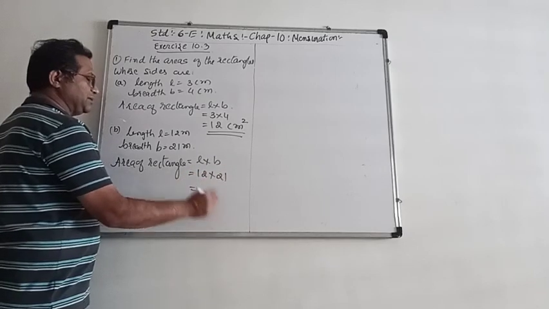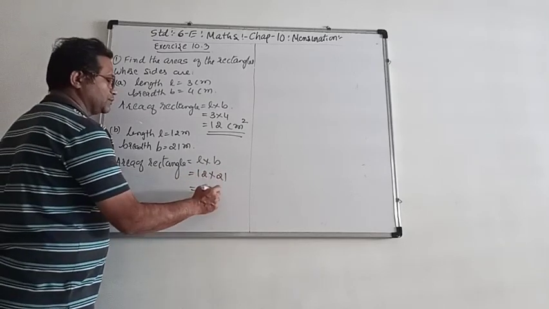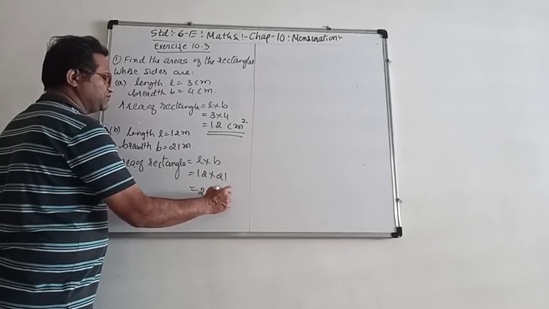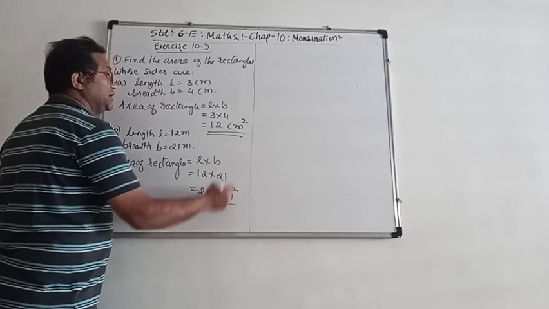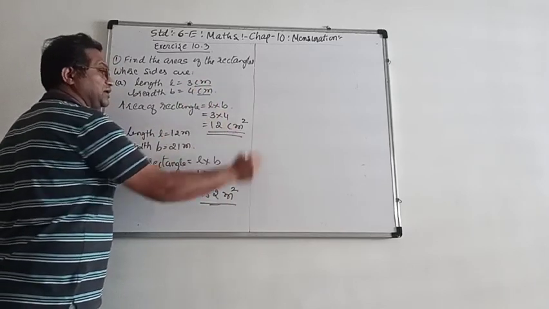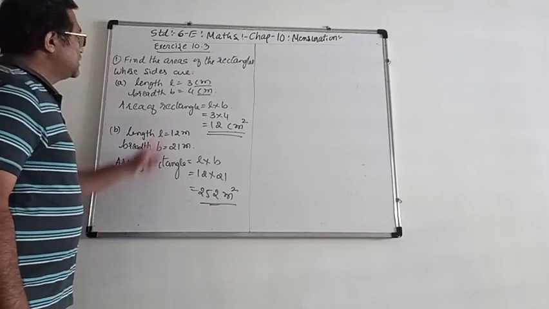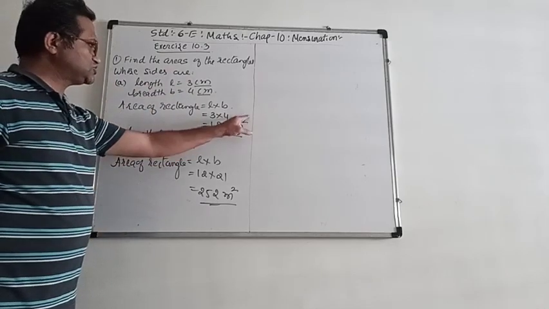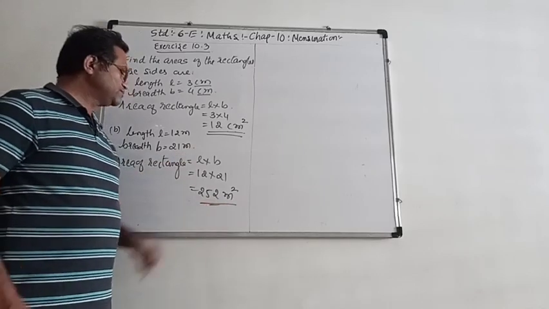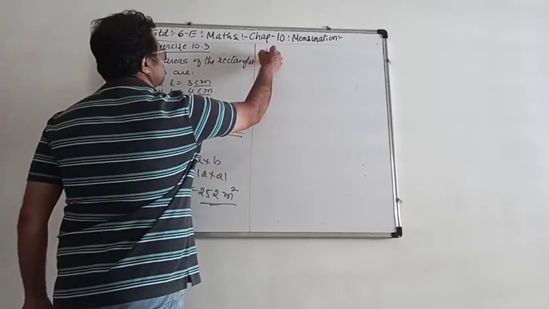So 12 multiplied by 21, so 252 meters square. Here the length and breadth was in centimeters, so you have to write down the unit of area centimeter square. But here both are in the meter, so we have to write down in meter square.